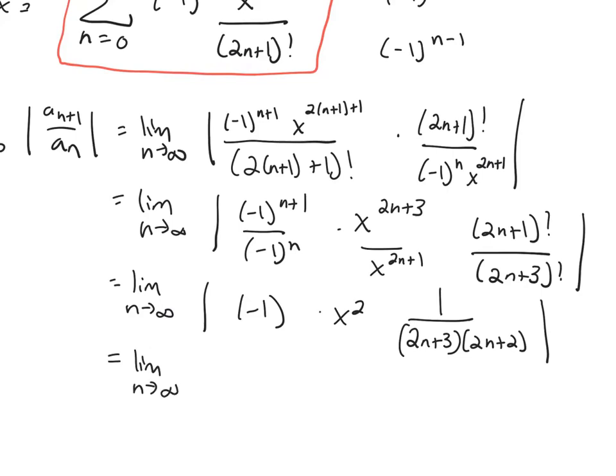All right, so I'm getting 1. Normally, x has to stay inside of the absolute value, but this is x squared. Can that be negative? No, it's a square. All square numbers are not negative. So I can actually drop the absolute value for that. This becomes x squared times 1 over (2n plus 3)(2n plus 2).